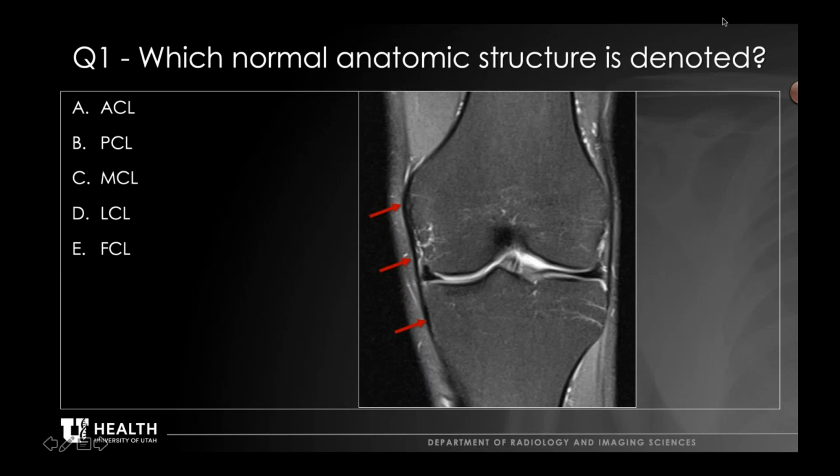Question number 1. Which normal anatomic structure is here, denoted by the arrows? All right, next question.